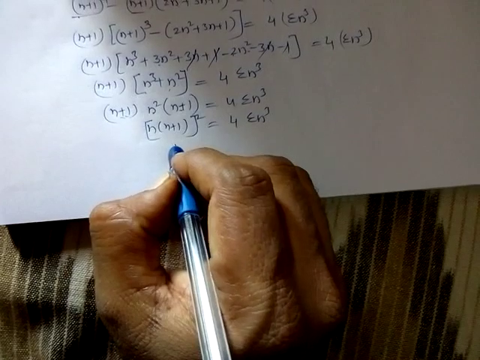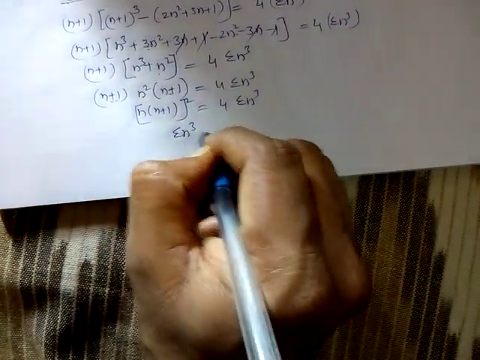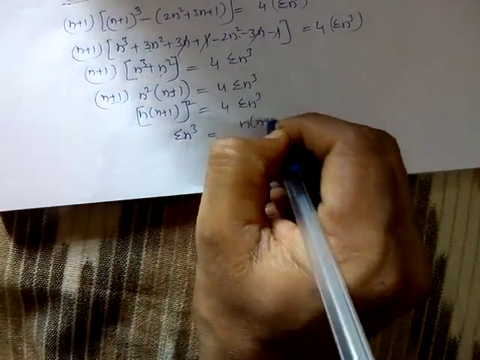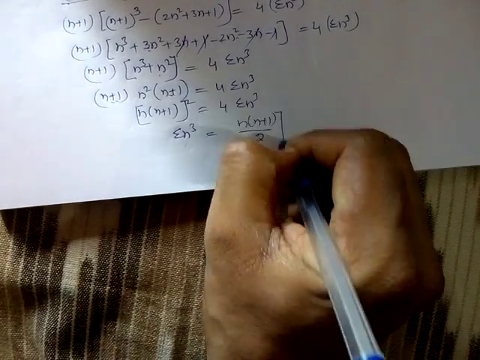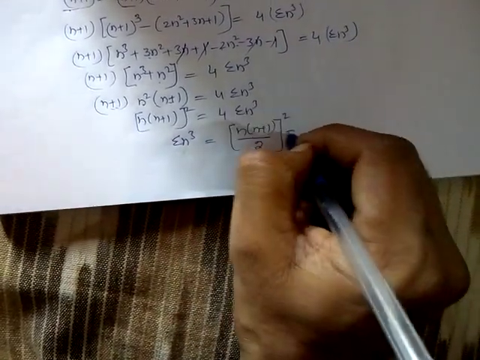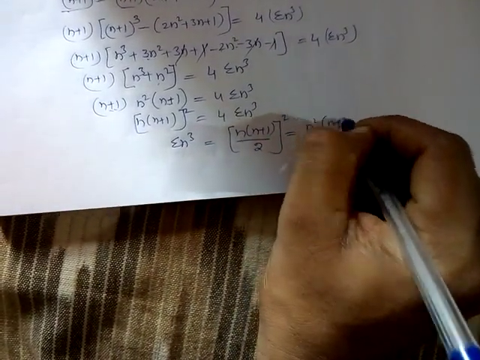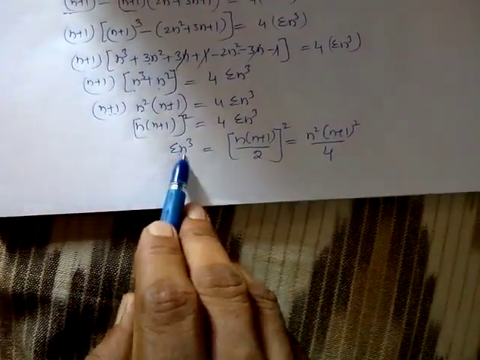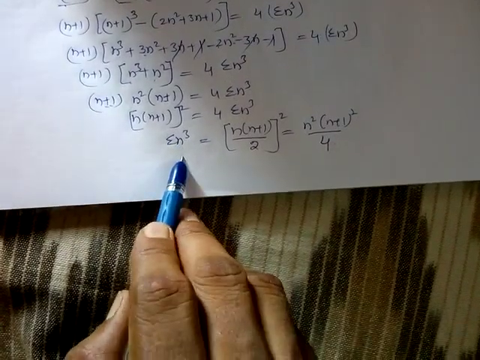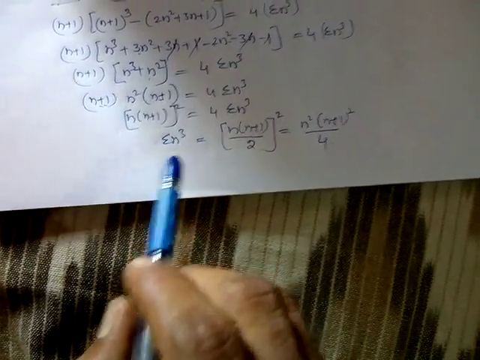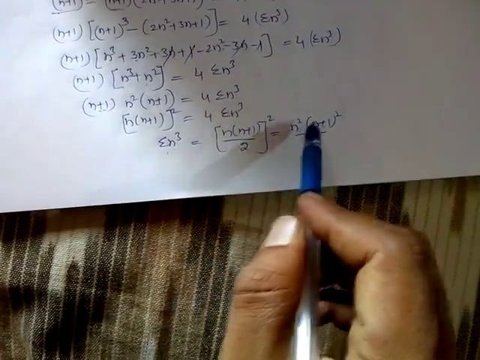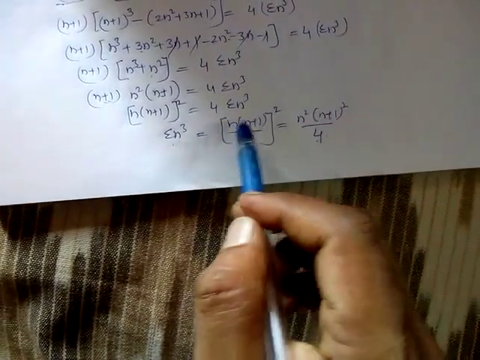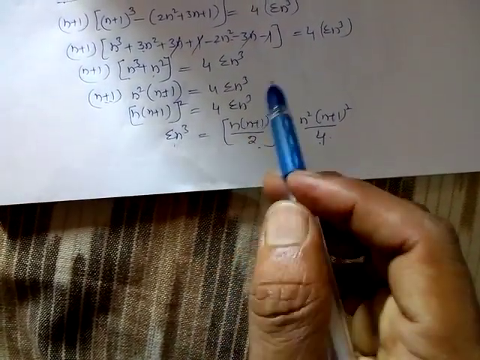So that implies sigma n cube is equal to n into (n+1) by 2 whole square, or n square (n+1) whole square by 4. So sigma n cube means the sum of the cubes of first n natural numbers. Sigma n cube is equal to n square (n+1) whole square by 4, or n into (n+1) by 2 whole square.